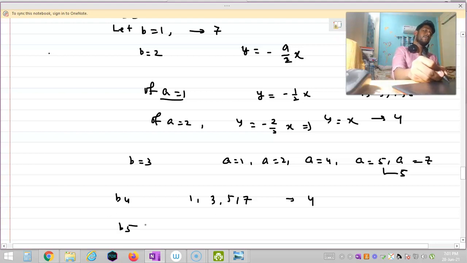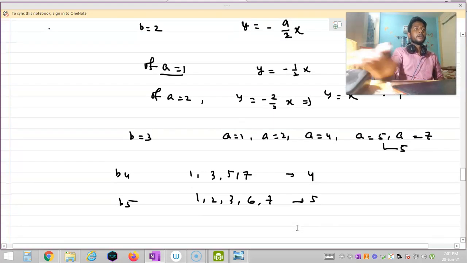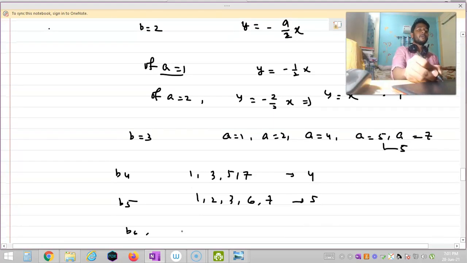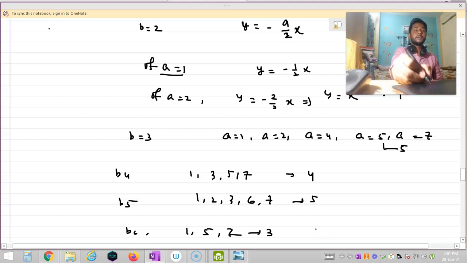If b equals 5, then 1, 2, 3, 6, 7, 5 possibilities again. If b equals 6, then 1 and 5, 2 possibilities. And if b equals 7, then 1, 2, 3, 4, 5, 6, so there are 6 possibilities.